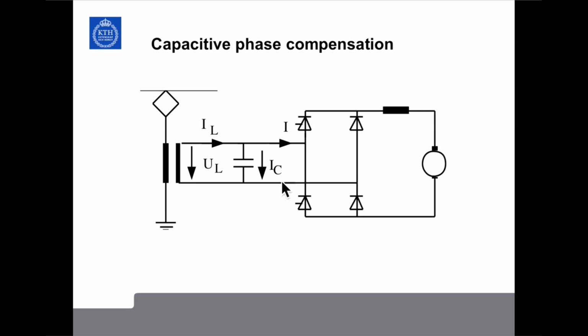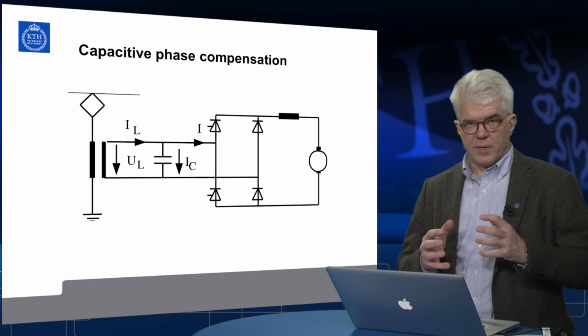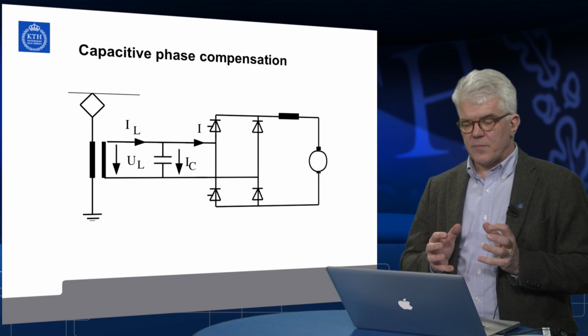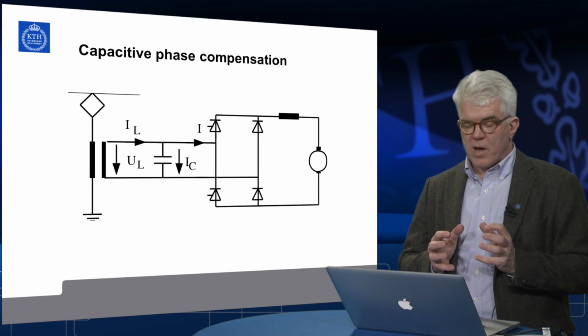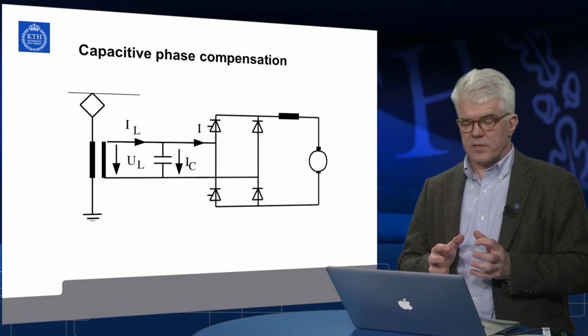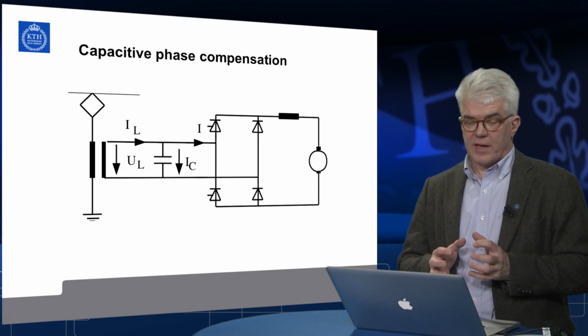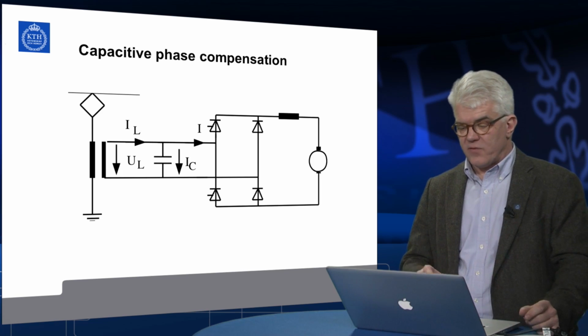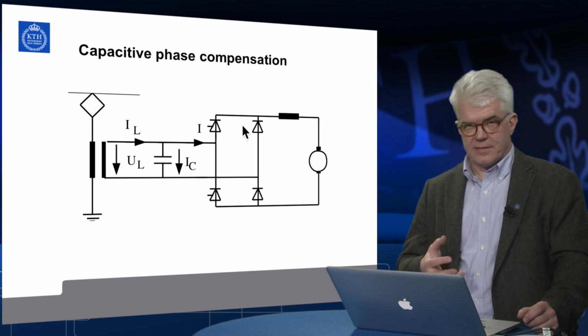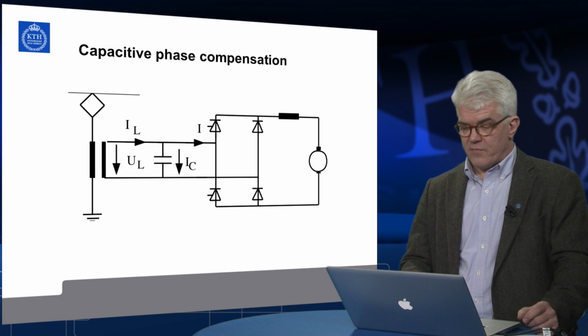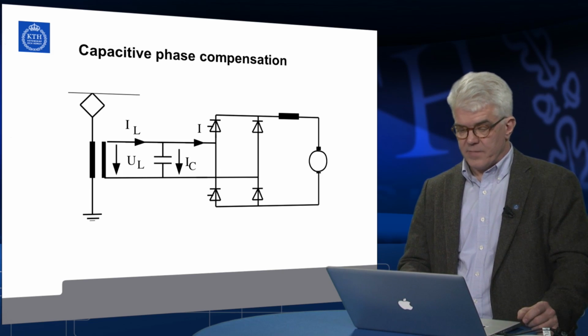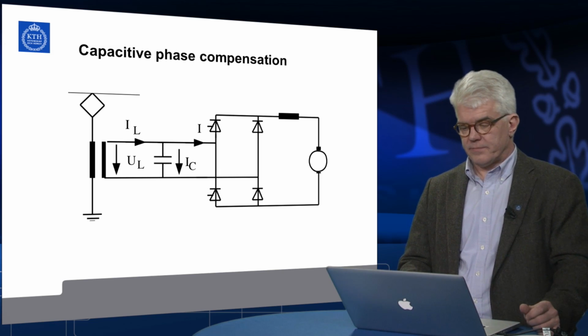To my knowledge, not used in 16 Hertz systems. It might be that the filter becomes too bulky. This would improve the power capacity of the train somewhat. And of course, that is required when we have this drive, which inherently has rather poor operating conditions regarding harmonics and reactive power.